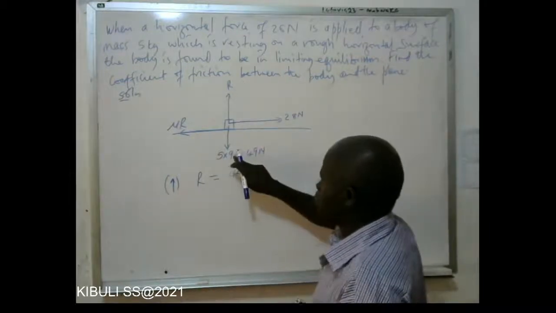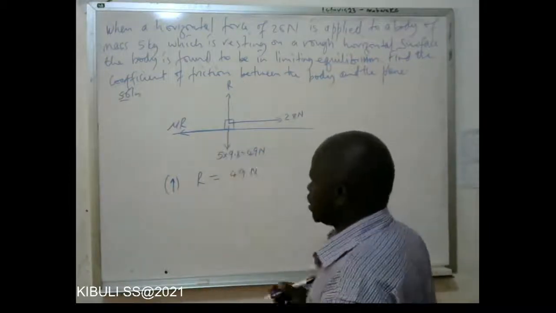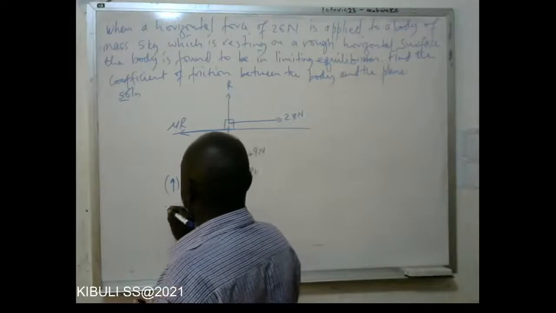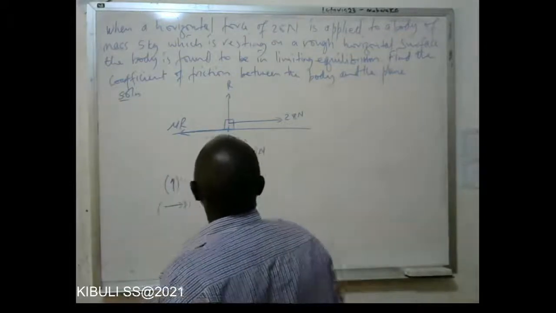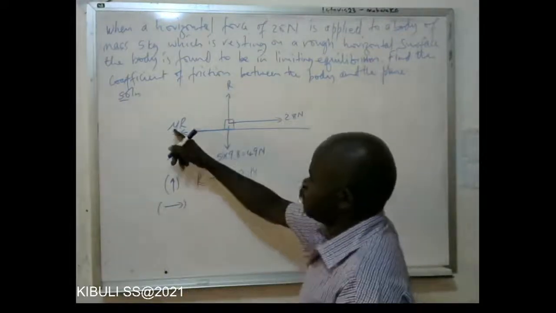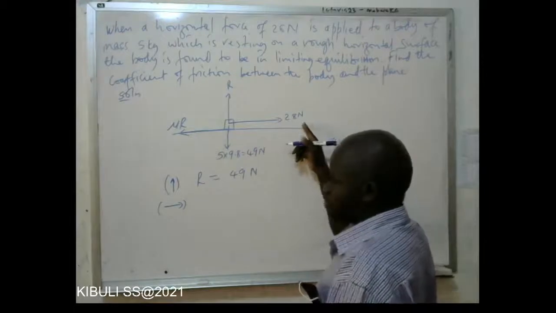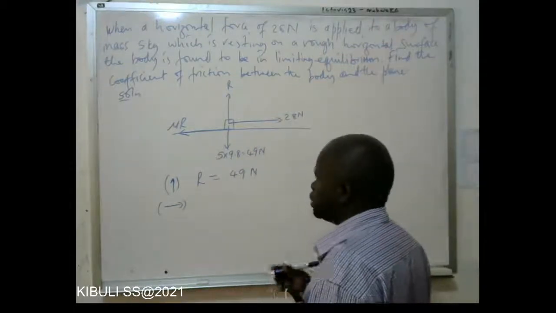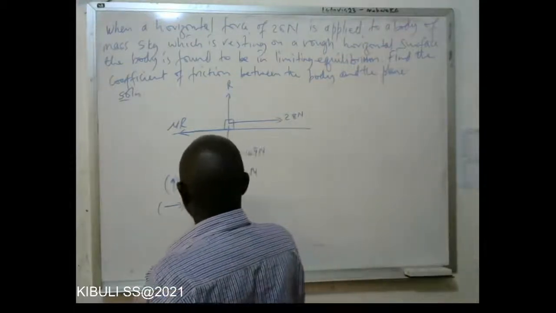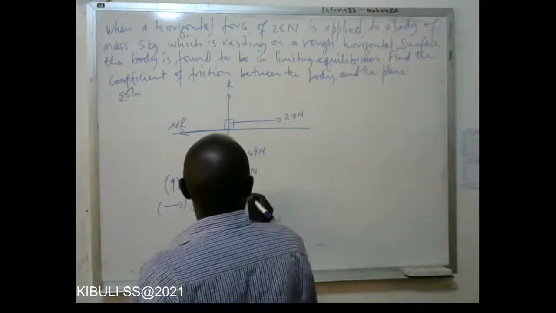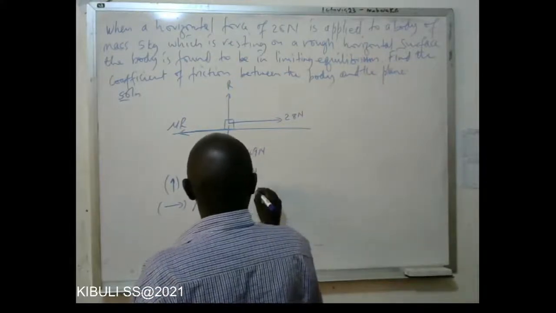This force must be equal to this force. Then when we resolve the forces horizontally, this force must be equal to this force. Remember, the body is in a limiting equilibrium. So mu R is equal to 28 newtons.